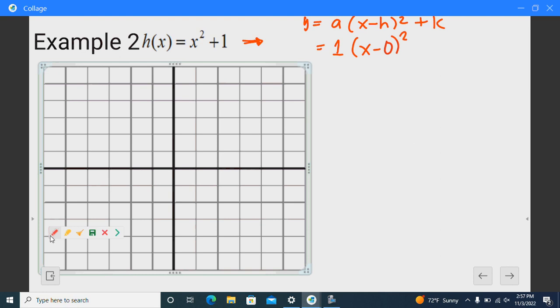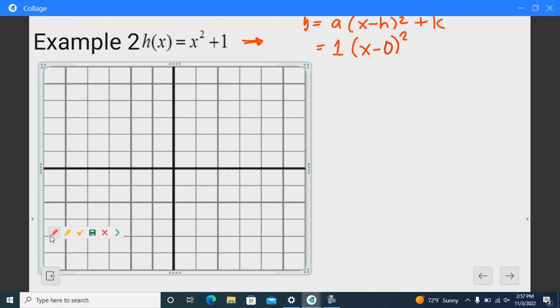How did we have this x minus 0 squared? Expanding x minus 0 squared gives the form x squared minus 0x plus 0.